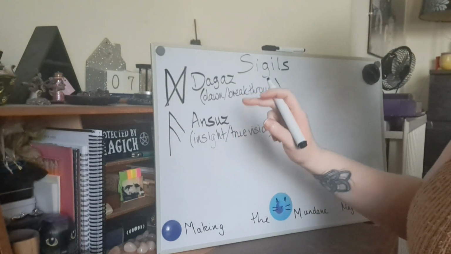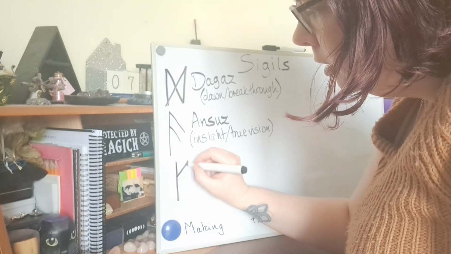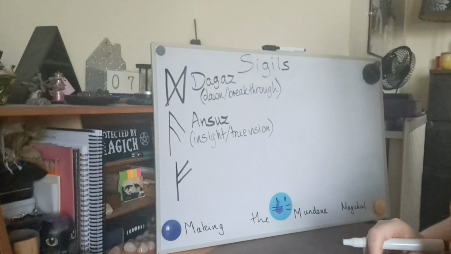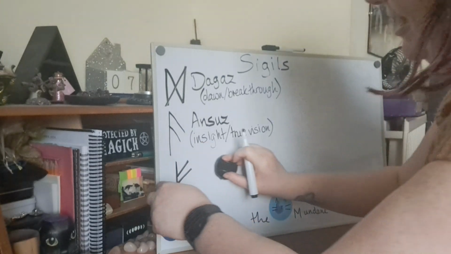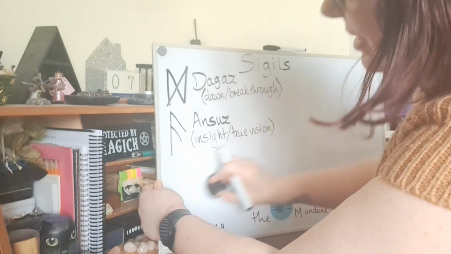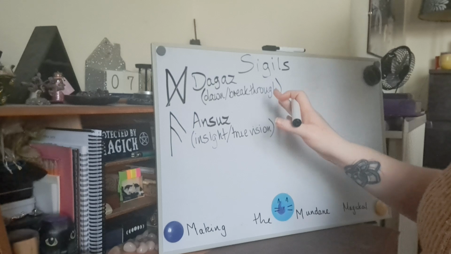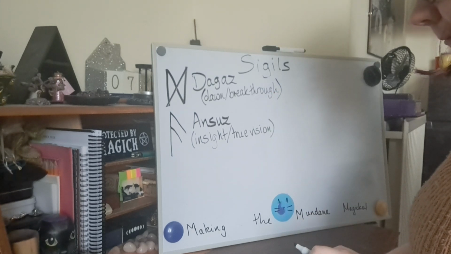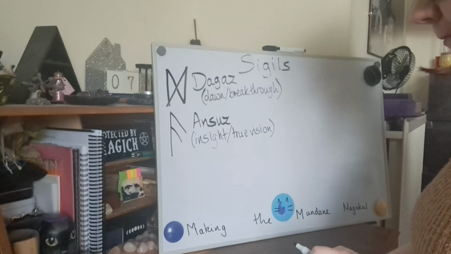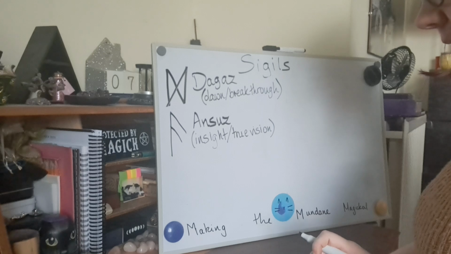Now, Ansuz is very similar to Fehu, which kind of looks similar, but instead of coming down, it's upwards. But Ansuz is the one I want today. So let's see.